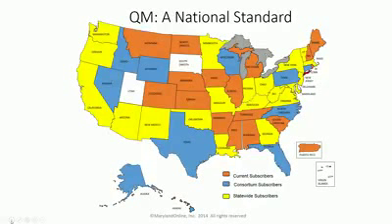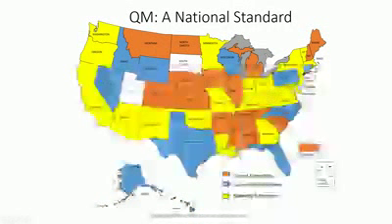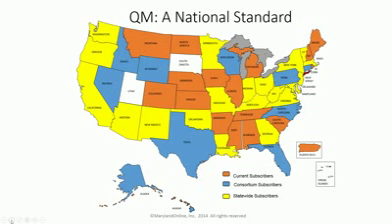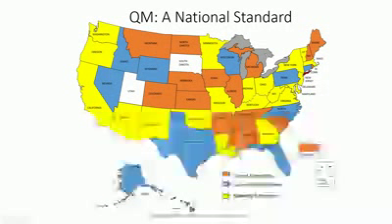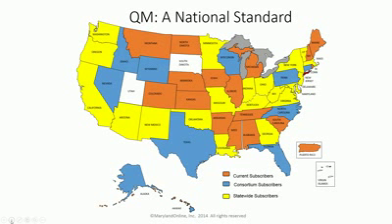Just to give you an idea of where our subscribers exist, we are located in almost all 50 states. We still have 3 that have yet to come on board, and we have some international subscribers in 7 or 8 different countries. So we're in almost all the states and all over the world too.